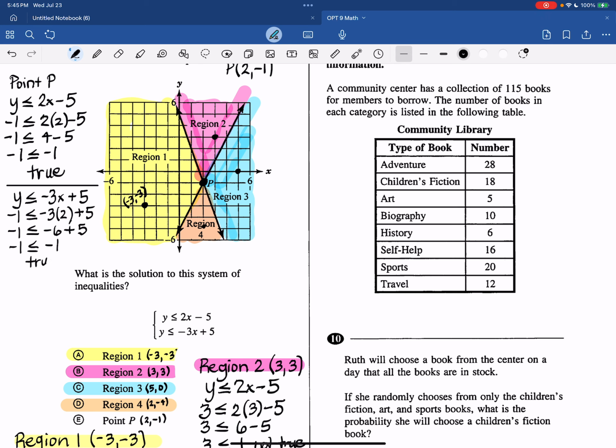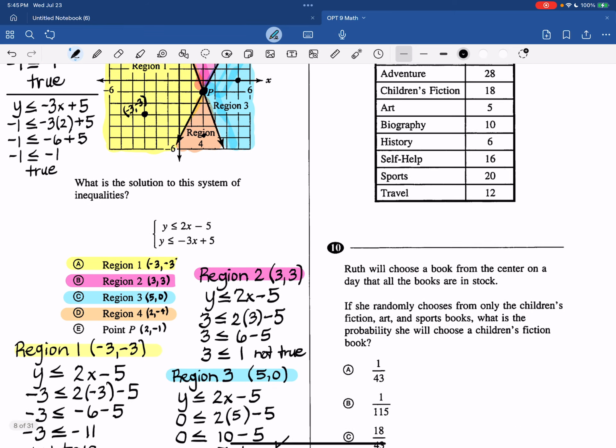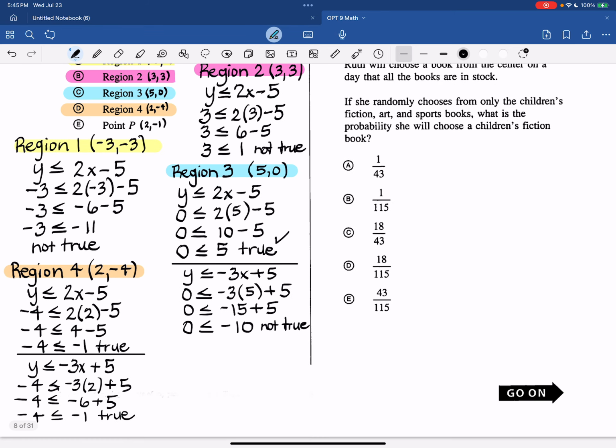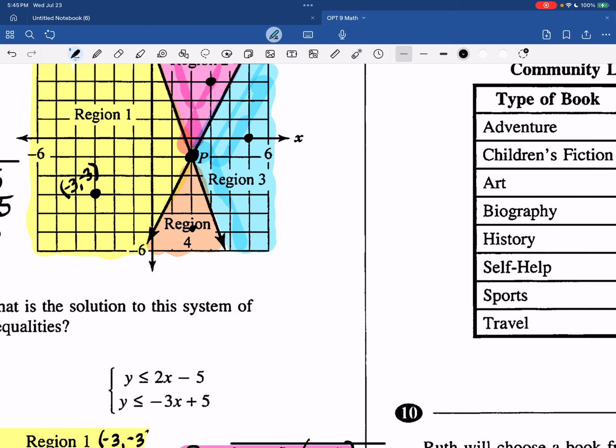So here's the situation. I've got point P that turns out to be true. And I also have region 4 that turns out to be true. And I can only choose one answer. So here's the thing. Point P is sitting right here at the top of region 4.